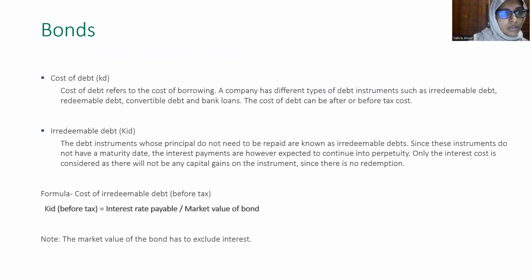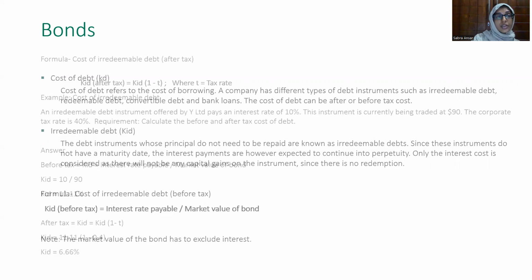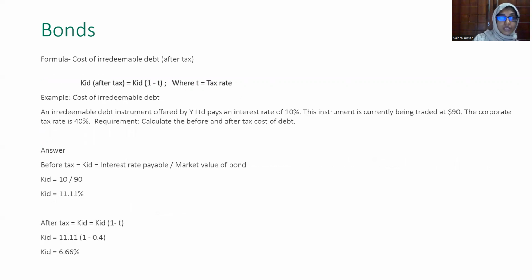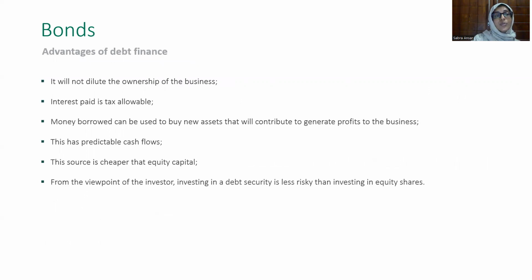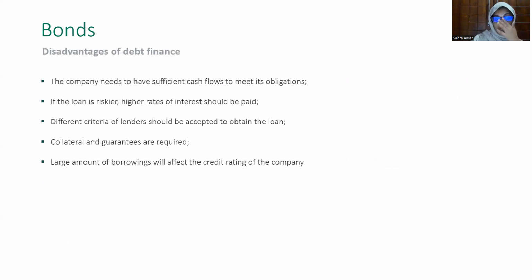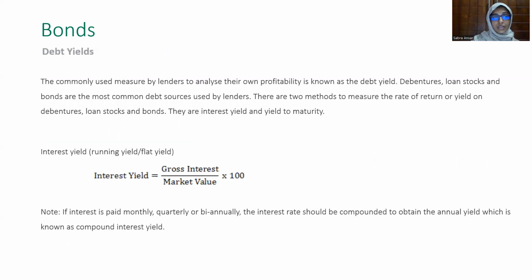And we spoke about cost of debt, and about redeemable debt, and we did a formula on it. And then obviously we did an example for it. And then we spoke about the advantages of debt finance, then the disadvantages of debt finance.